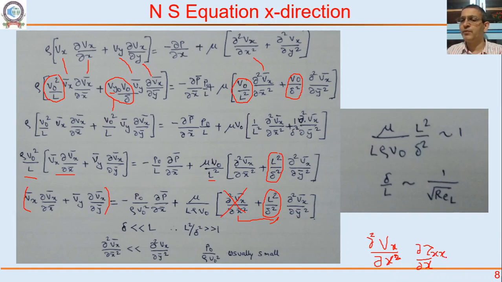It's a compressive stress. What it only means is that the compressive stress is very small as compared to the shear stress, del square Vx by del y square. Where is that coming from? That's coming from tau yx, the shear stress.